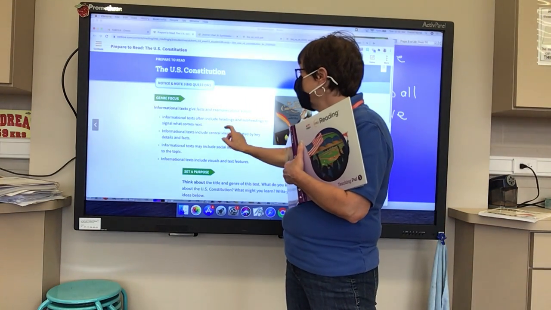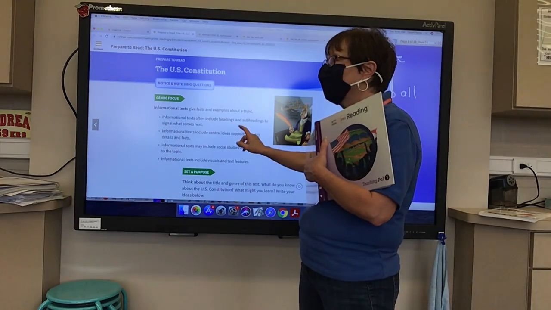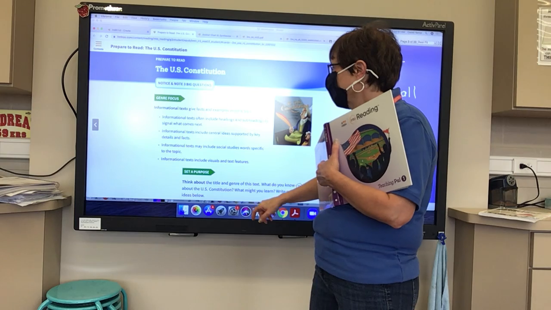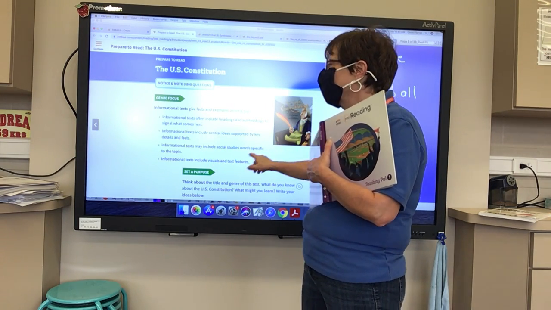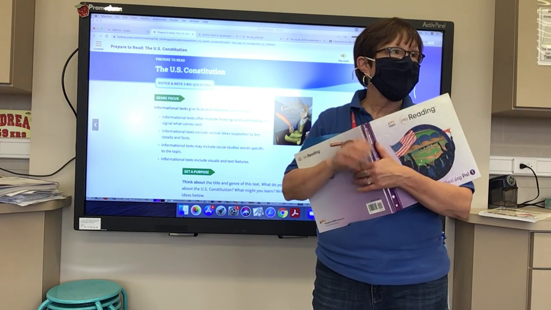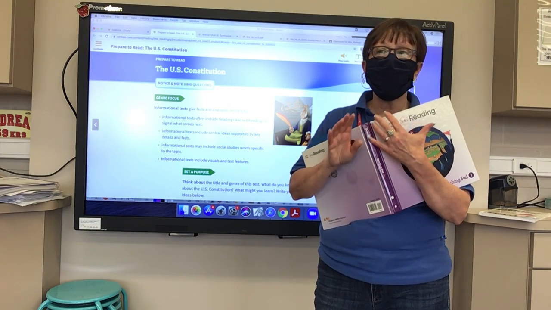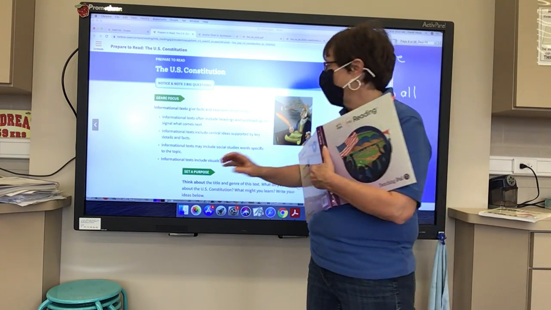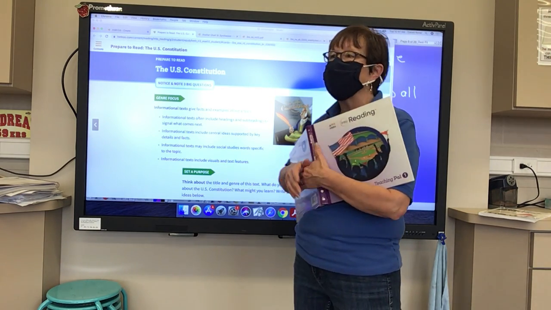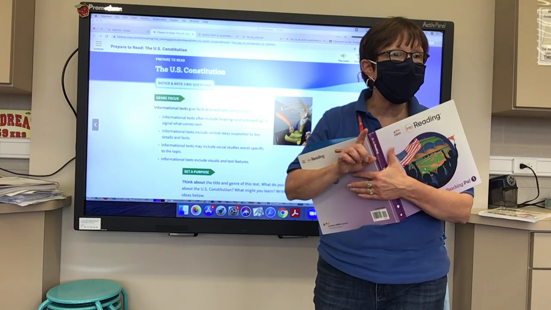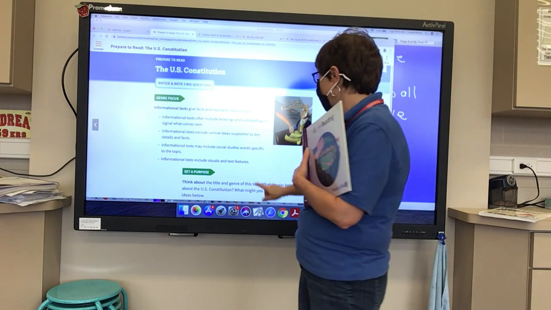Informational text includes central ideas supported by key details and facts. Informational text may include social studies words specific to the topic. So this is something that you would learn about in social studies. Informational text includes visuals and text features, so all those things are in informational text.